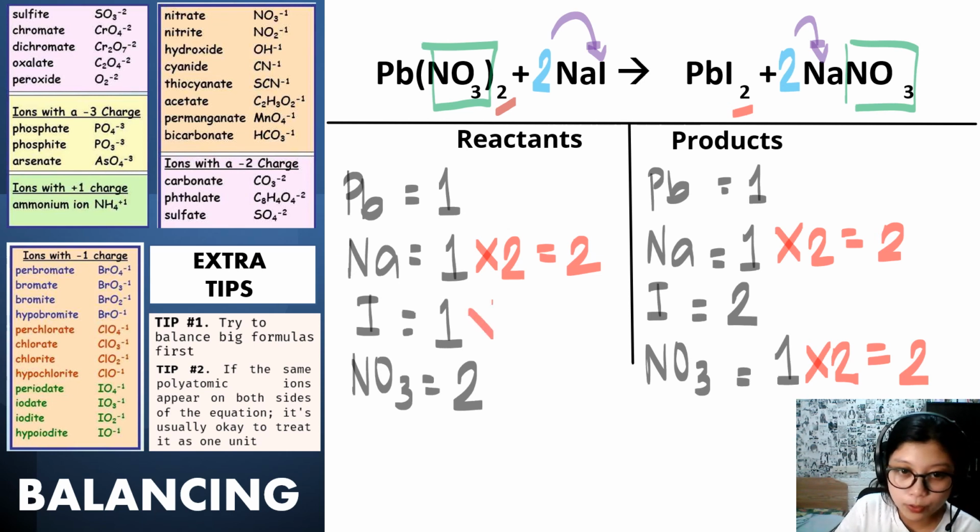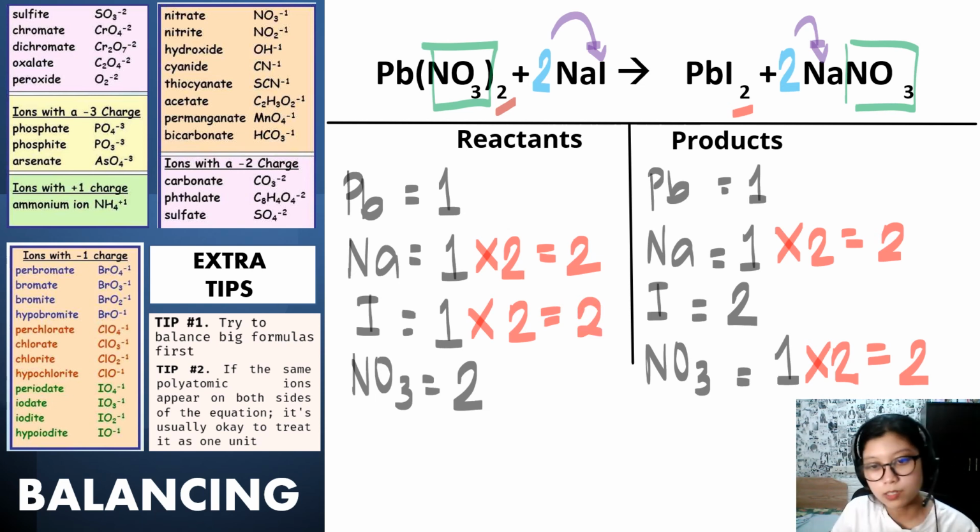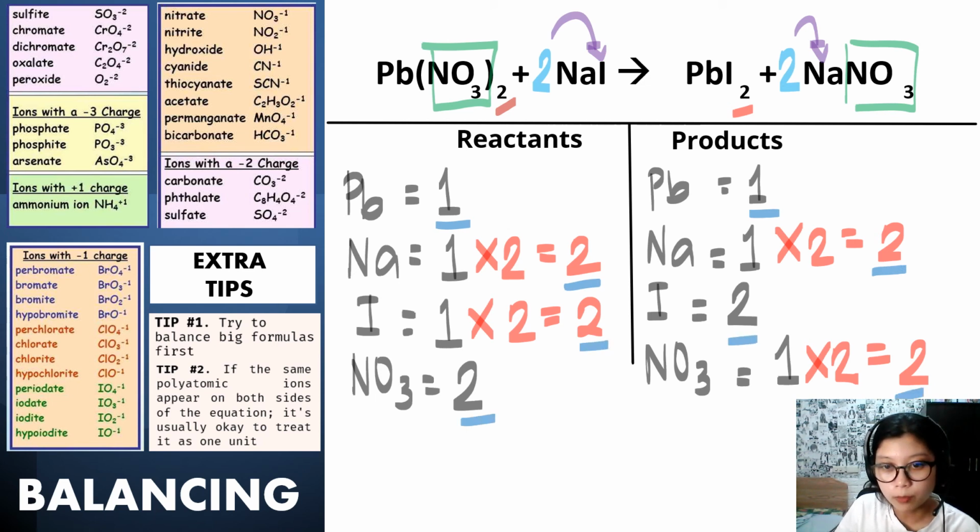So we have to multiply iodine by 2 to have 2 atoms. The question is, is the chemical equation balanced? Yes, because we have the same number of atoms for each element: 1 for Pb, 2 for Na, 1 for I, and 2 for the polyatomic ion NO3.